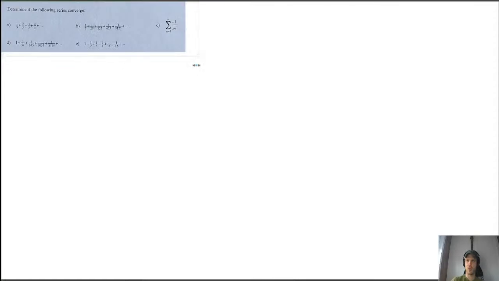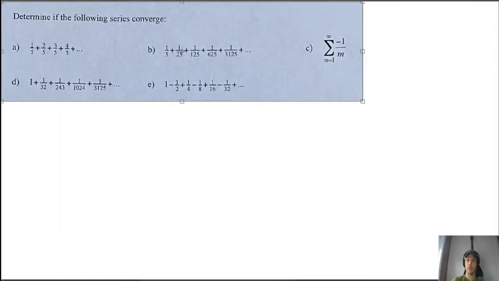Okay, number 3. Expand. There we go. Then determine if the following series is convergent.